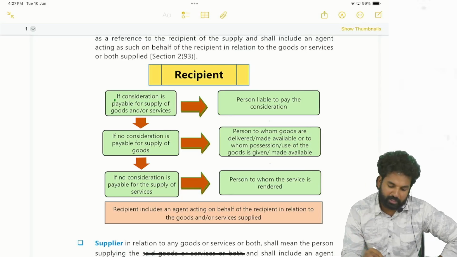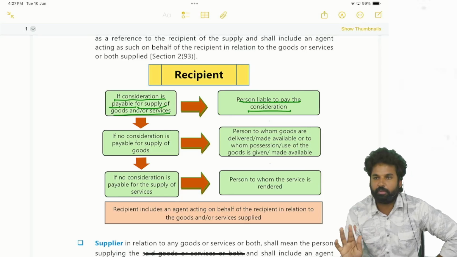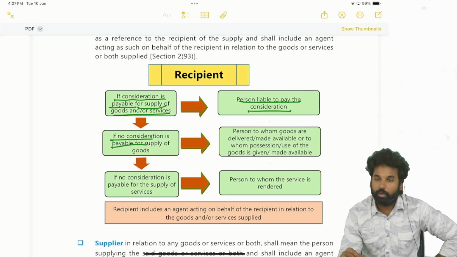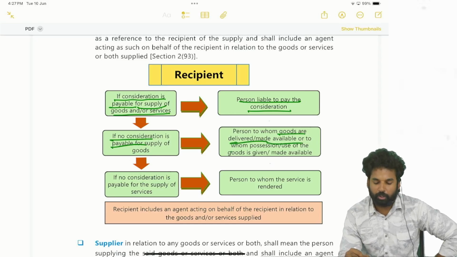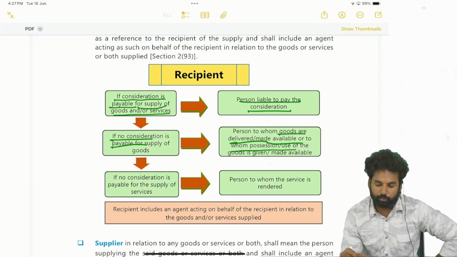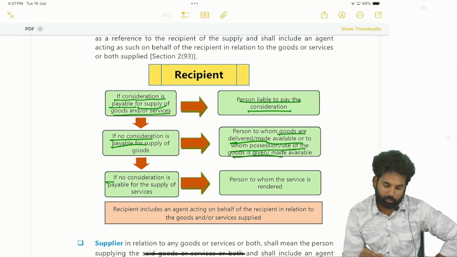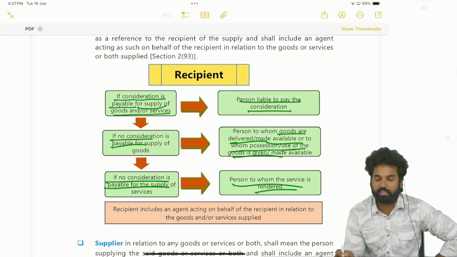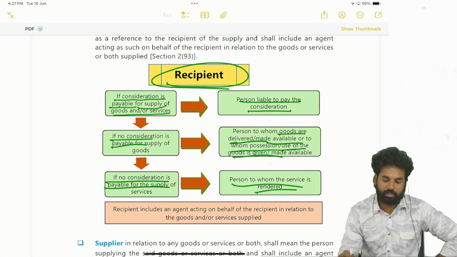If the consideration is payable for supply of goods or services, the person liable to pay consideration will be the recipient. If no consideration is payable, then for goods, the person to whom the goods are delivered or made available, or to whom possession or use of the goods is given, is the recipient. If no consideration is payable for supply of services, the person to whom the services are rendered will be called the recipient.